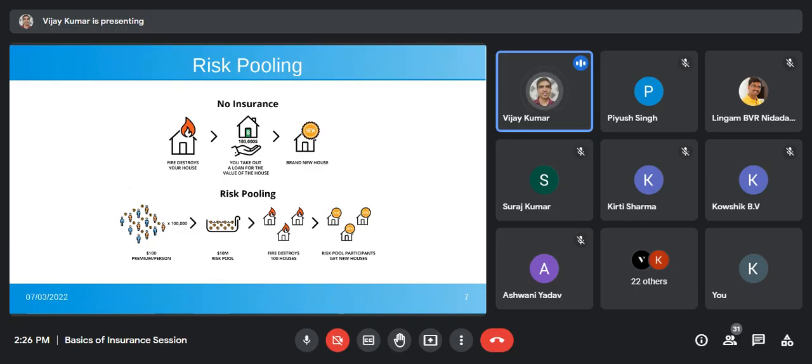There is a lot of expenditure in a girl's wedding, and that is nothing but risk pooling. They understand that there is a risk, and many people come together and try to own up that risk, that we will contribute in some way.